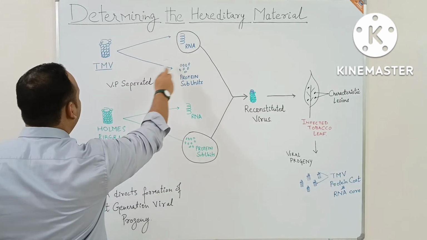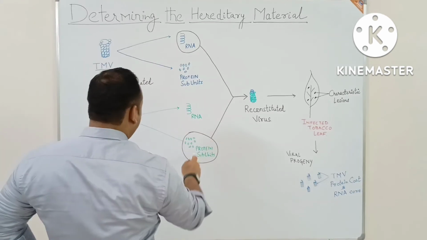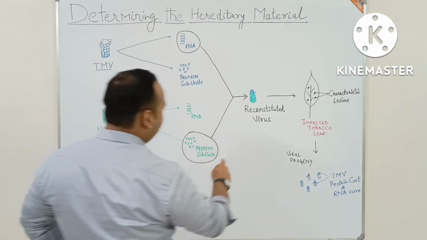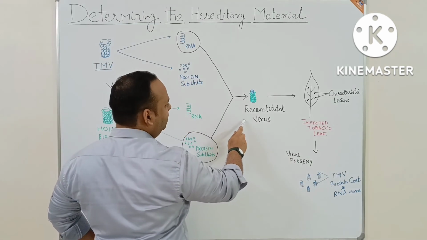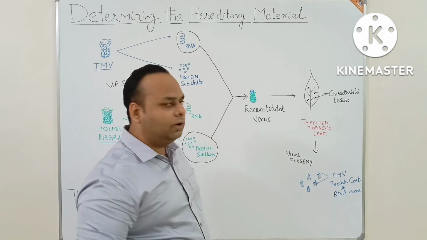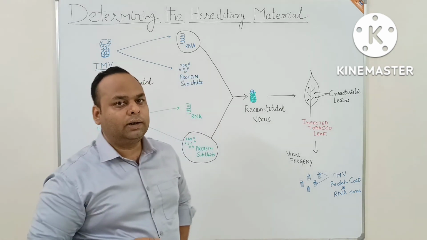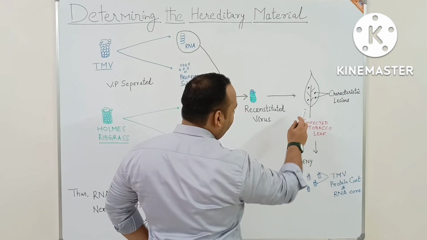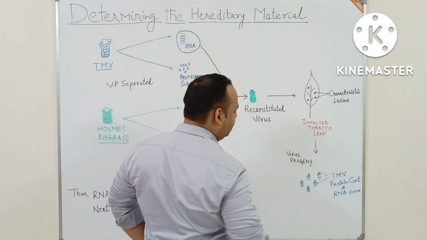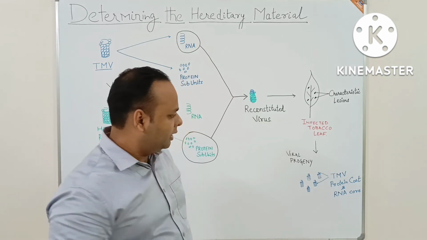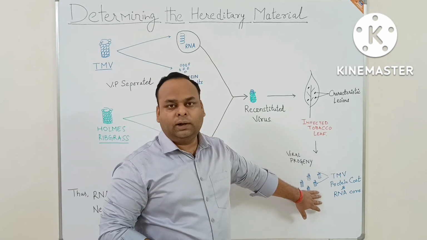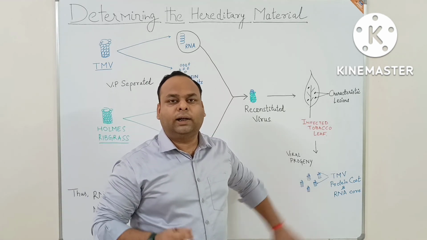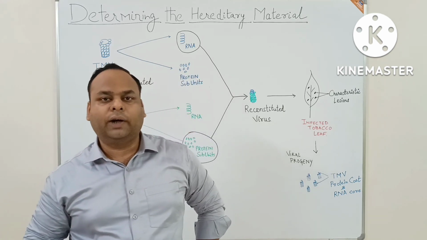Using RNA of TMV and protein subunits of Holmes ribgrass virus, a new virus was created. This reconstituted virus was used to infect a tobacco plant. When viral progeny was isolated from the infected leaf, it was found to be exactly similar to the TMV, having the same protein coat and RNA. Thus, RNA had all the information for viral reproduction.